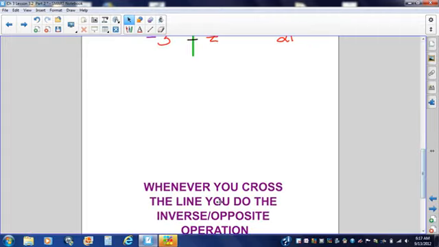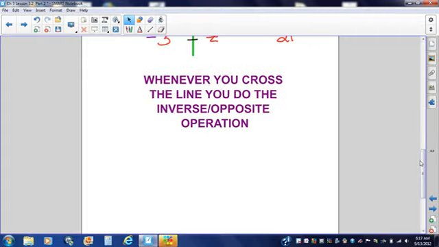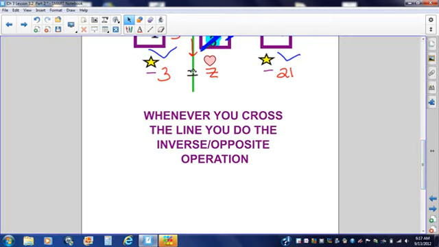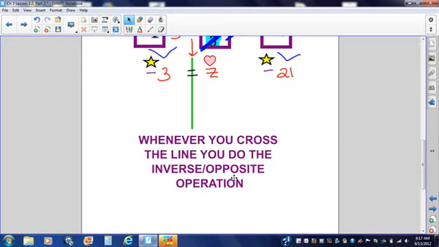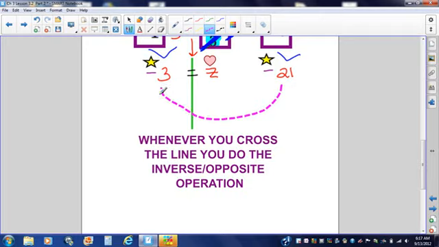Now remember, in math, whenever you cross this line, you do the inverse or opposite operation. So I see that I have a star here and a star over here. I'm going to bring this negative 21 across this line.